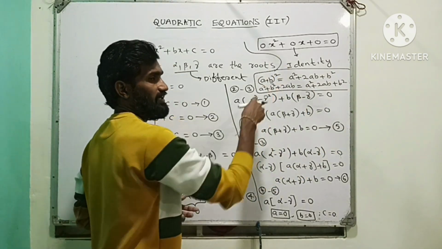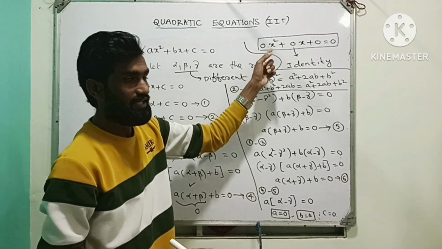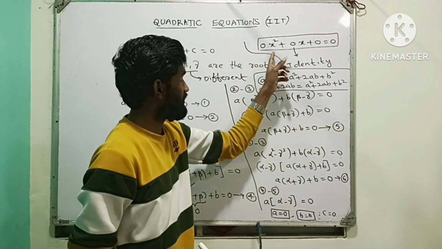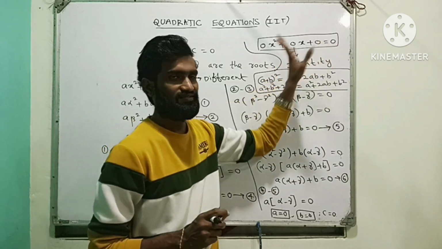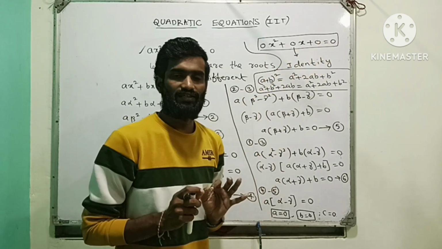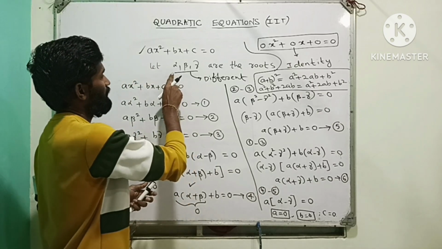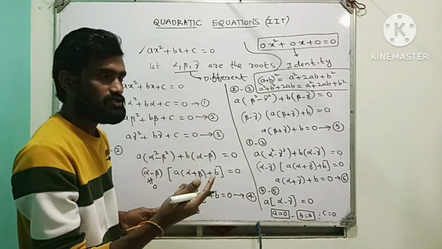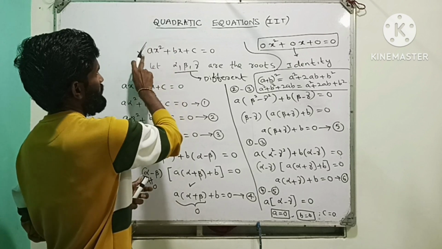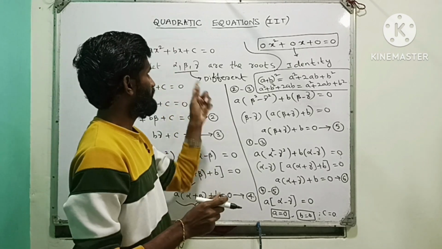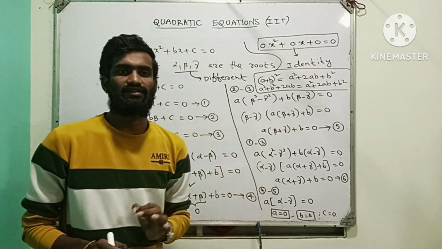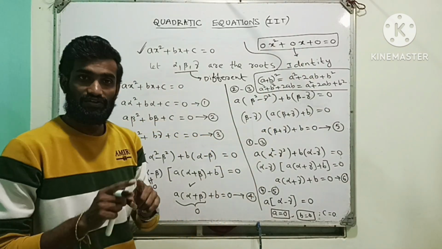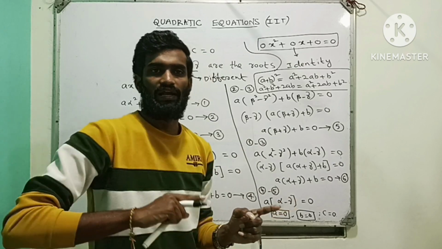Similarly, this is also an identity because in place of x, you can substitute anything and you will get 0 only. That's why if more than 2 roots are roots of this equation, then this equation will turn into an identity. So that is the difference between an equation and an identity.